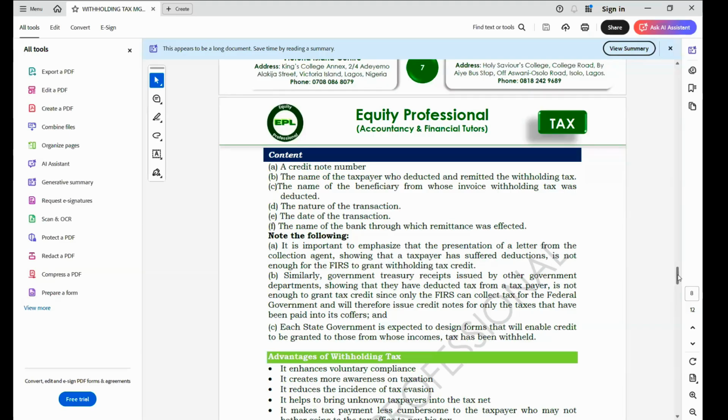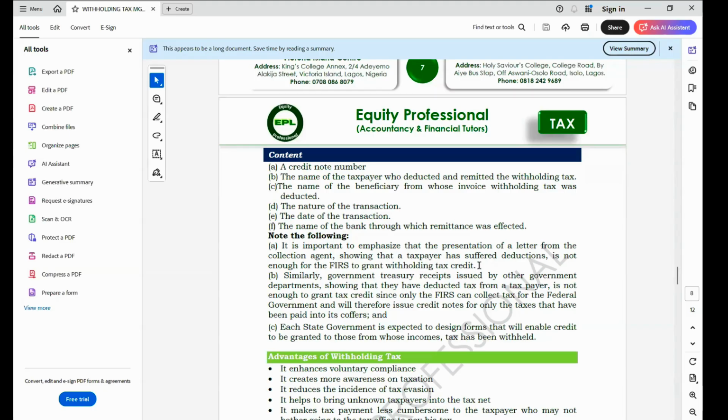It is important to emphasize that the presentation of a letter from a collection agent showing that a taxpayer has suffered deduction is not enough for FIRS to grant withholding tax credit. This is usually common with government ministries, agencies, and parastatals, because they are also agents for deduction of withholding tax.